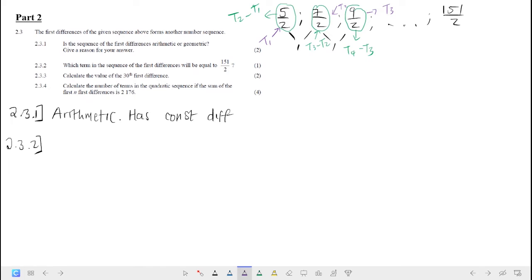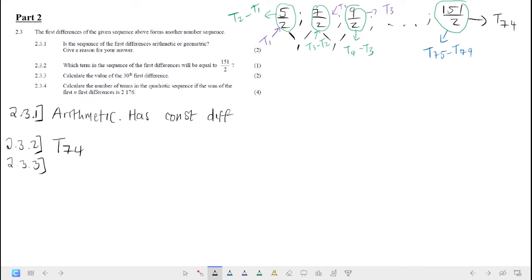When we take term 4 minus term 3, it gives us term 3, which then means now in 151 over 2, because we had term 75 minus term 74 from the quadratic, the result position here is going to be term 74. I hope that makes sense. Therefore the answer here is T74.